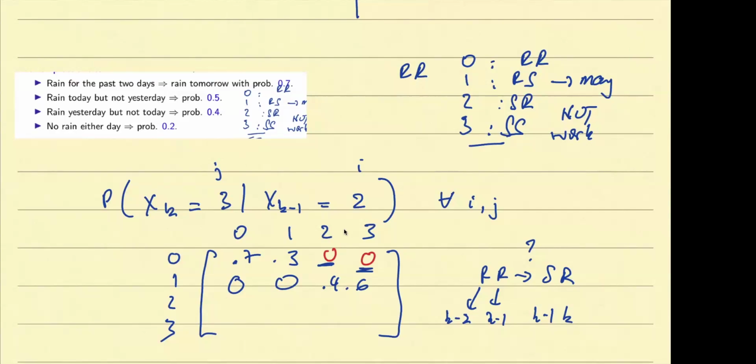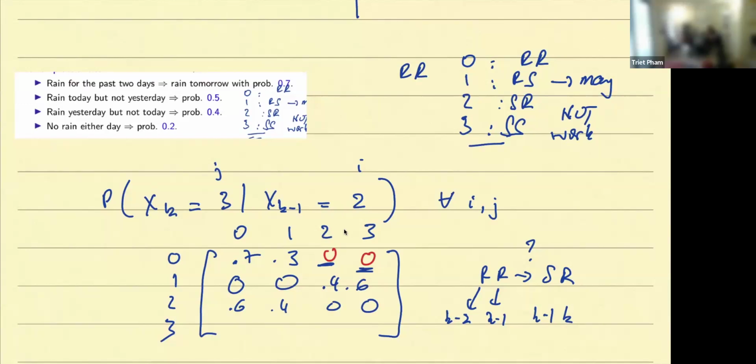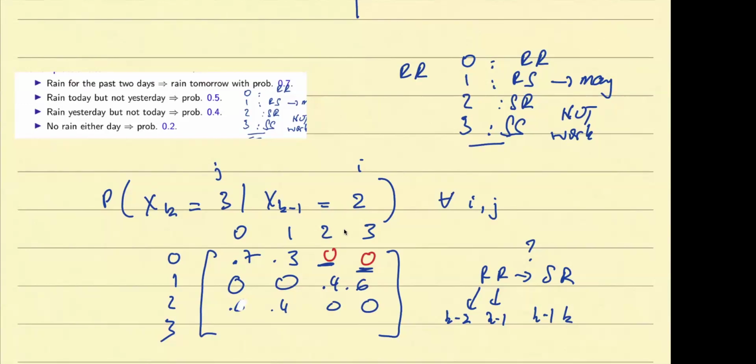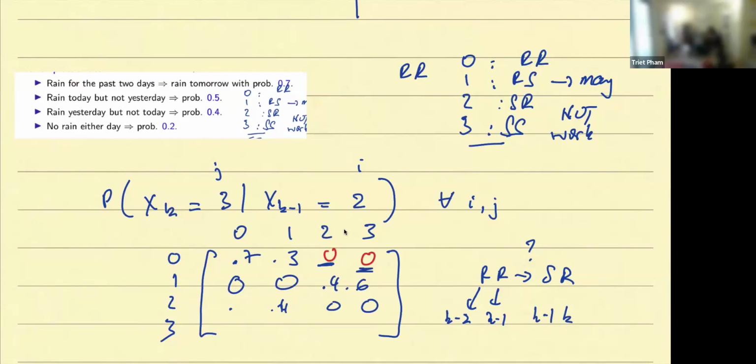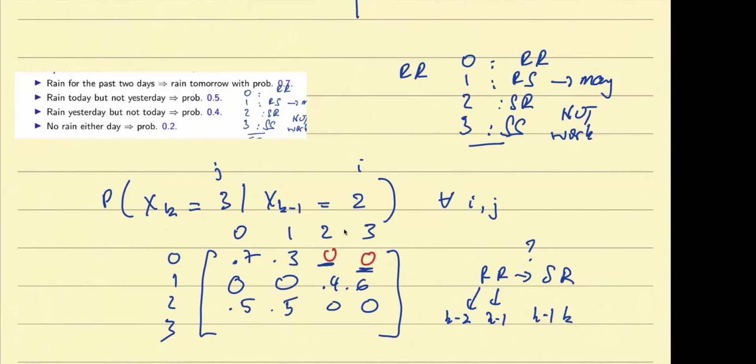I would guess 0.6, 0.4, 0, 0. I had that it was 0.5, 0.5. I don't think the 0.6, 0.4 would repeat. Yeah, this sounds more reasonable. What do we think? Is 0.5, 0.5 okay or no?